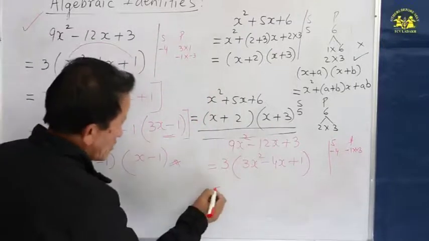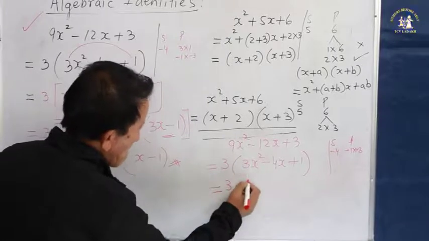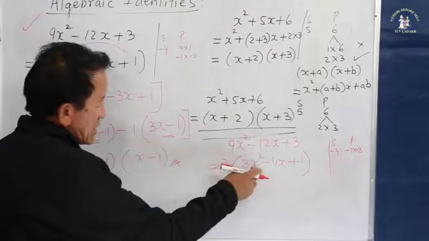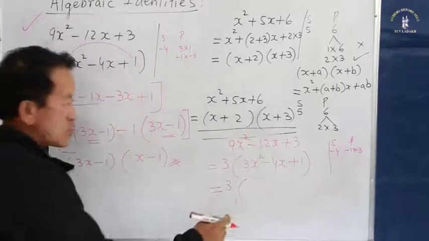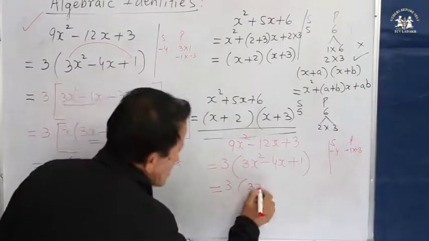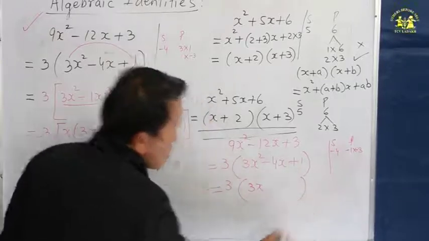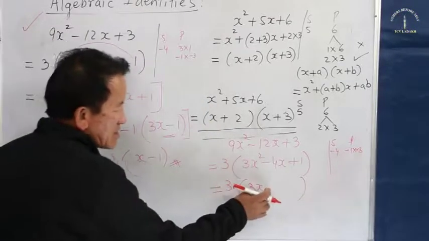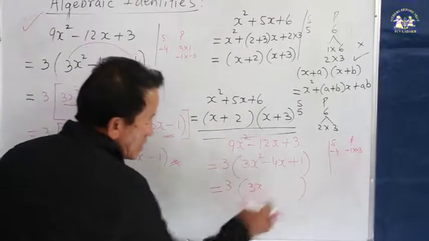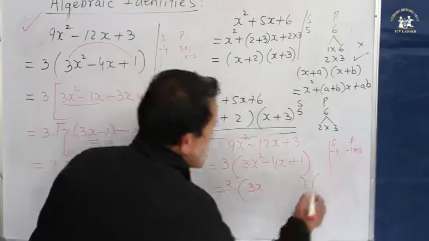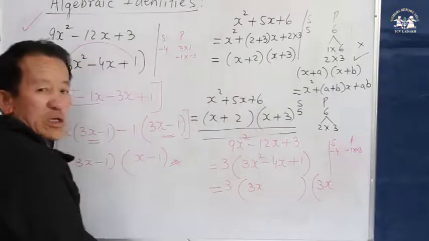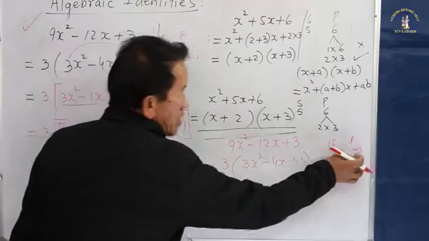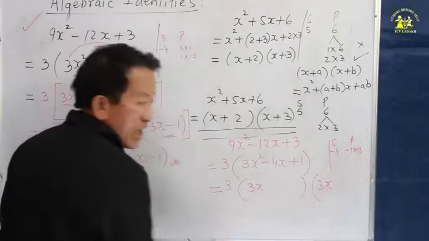So here what we do: we take 3x squared without the square, so that is 3x. The first factor is 3x plus something, and the second one is 3x plus something. The next terms will be the two numbers, minus 1 and minus 3.